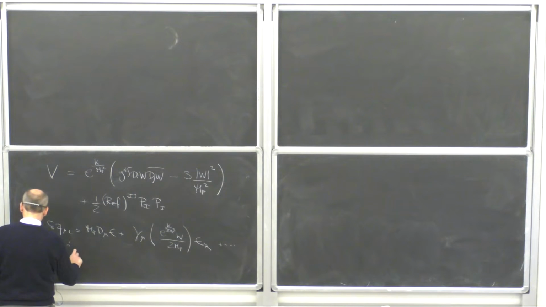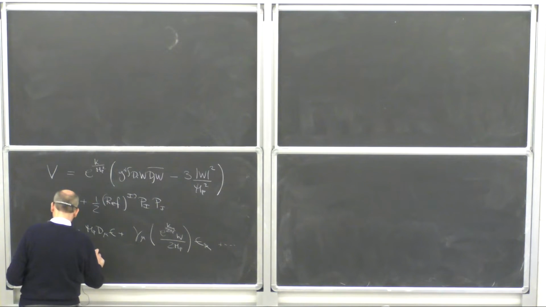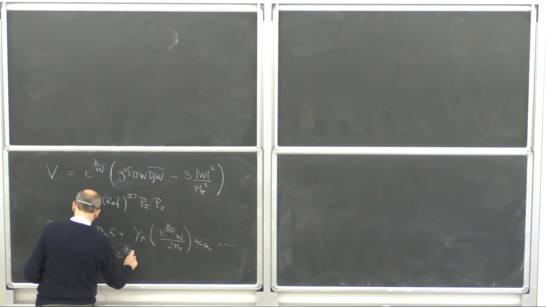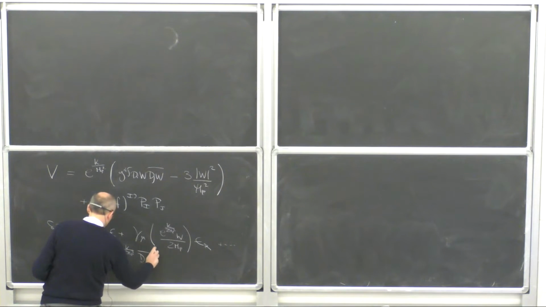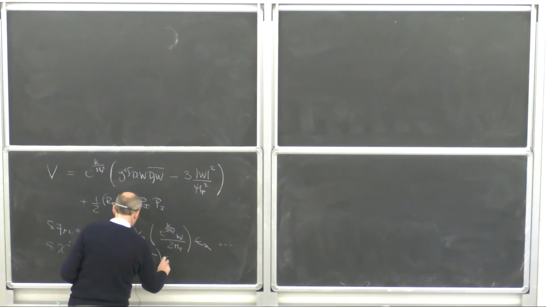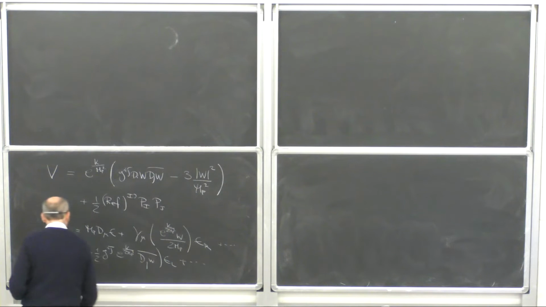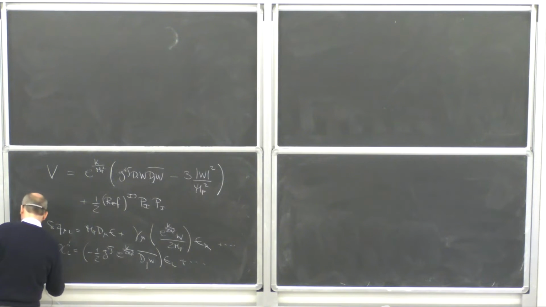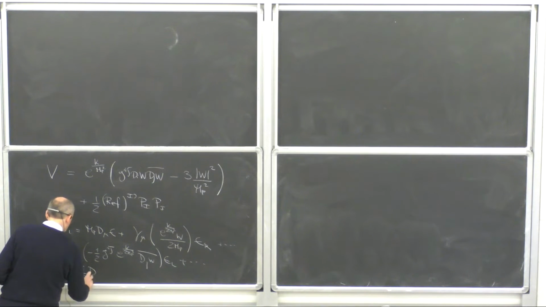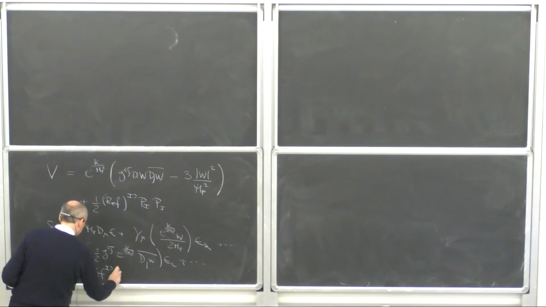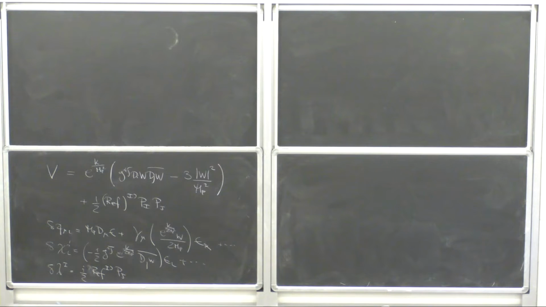The chiralini have an expression of this type, and again, plus anything else. I'm not interested in the rest. I'm looking at the parts that are relevant for the discussion that I will do in a moment. And the gaugini have a structure like this, and again times epsilon.